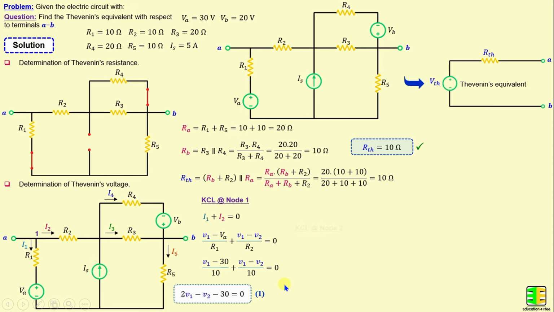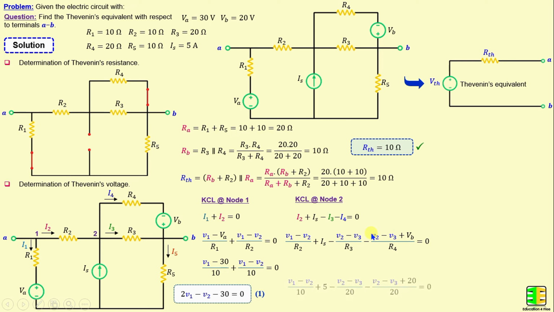Now by applying Kirchhoff's current law at node 2, we can write I2 plus IS minus I3 minus I4 is equal to 0. And according to Ohm's law, I2 is equal to (V1 minus V2) over R2, and I3 is (V2 minus V3) over R3, and I4 is (V2 minus V3 plus VB) over R4.